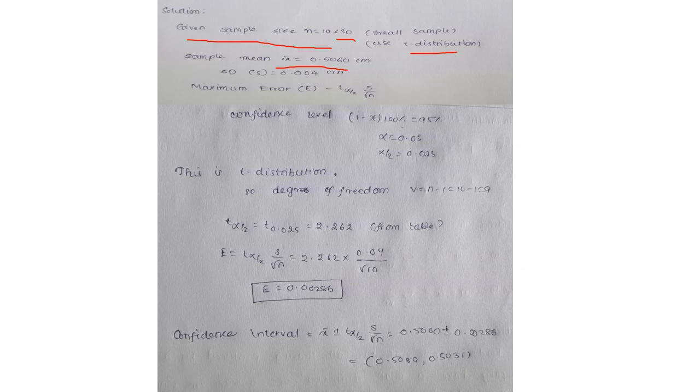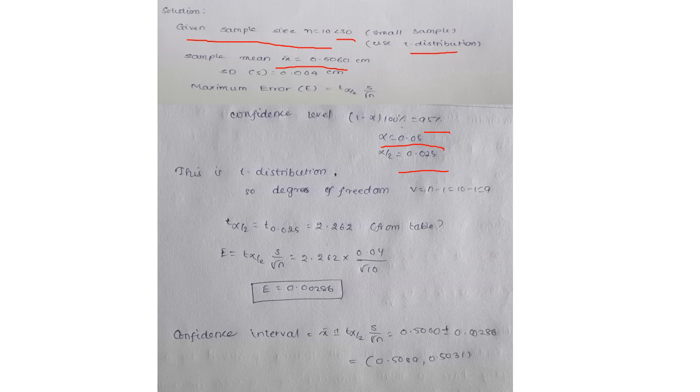Here the confidence level given is 95%, that is (1 minus alpha) into 100% is equal to 95%. After calculating, we get alpha equal to 0.05 and alpha by 2 is 0.025.